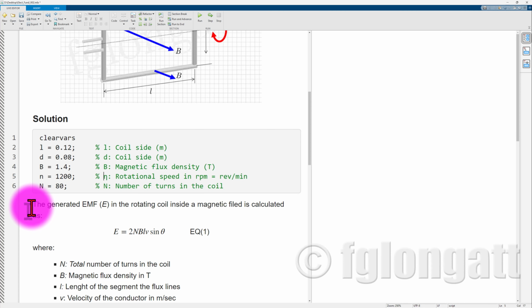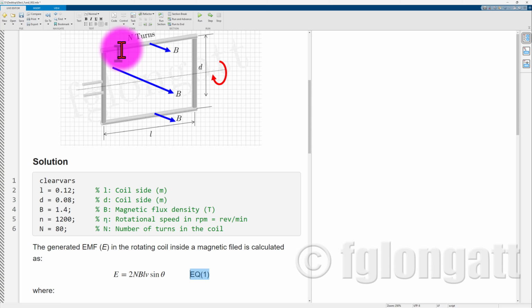Well, I believe all my students know this equation number 1 located over there, because this equation says that when this coil is rotating inside the magnetic field, between those two terminals over there, we will have an electromotive force or induced voltage.